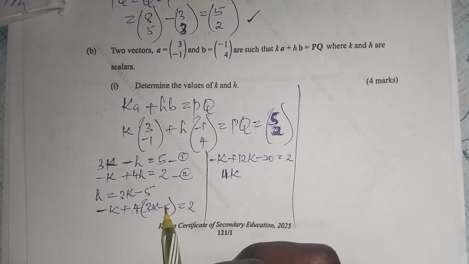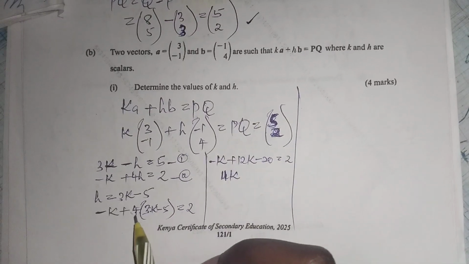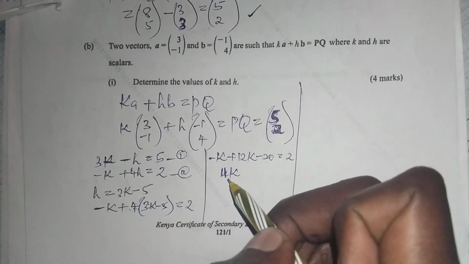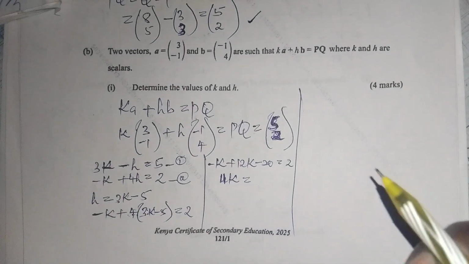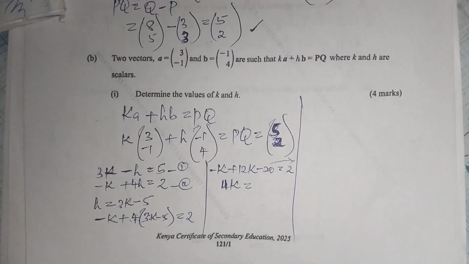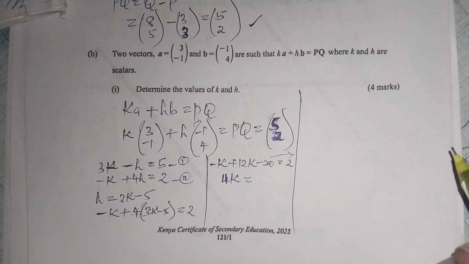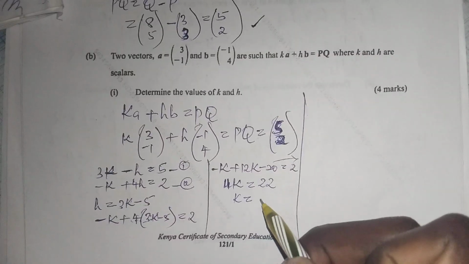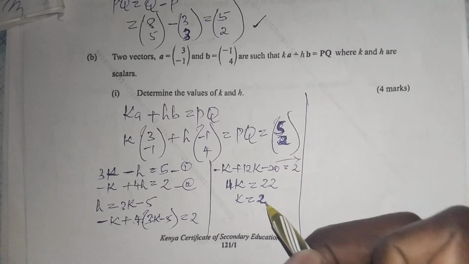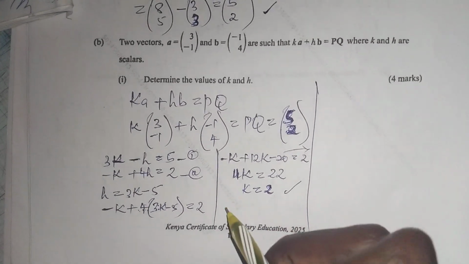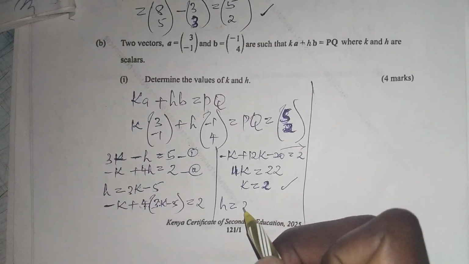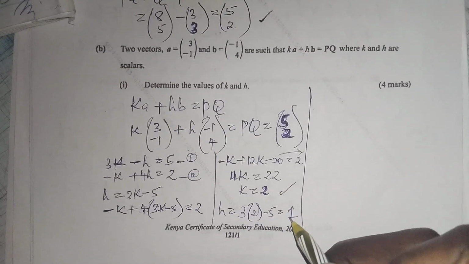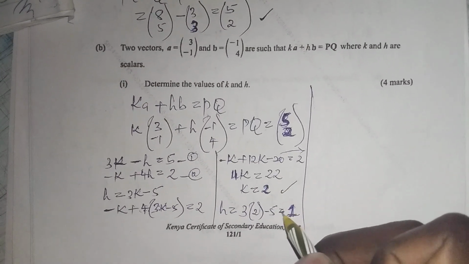So we shall have positive 11K equals minus 20 goes this side, it becomes plus 20. So we have 22, so your K is equal to 2. If K is equal to 2, then H is equal to 3 times 2 minus 5, which is 1.